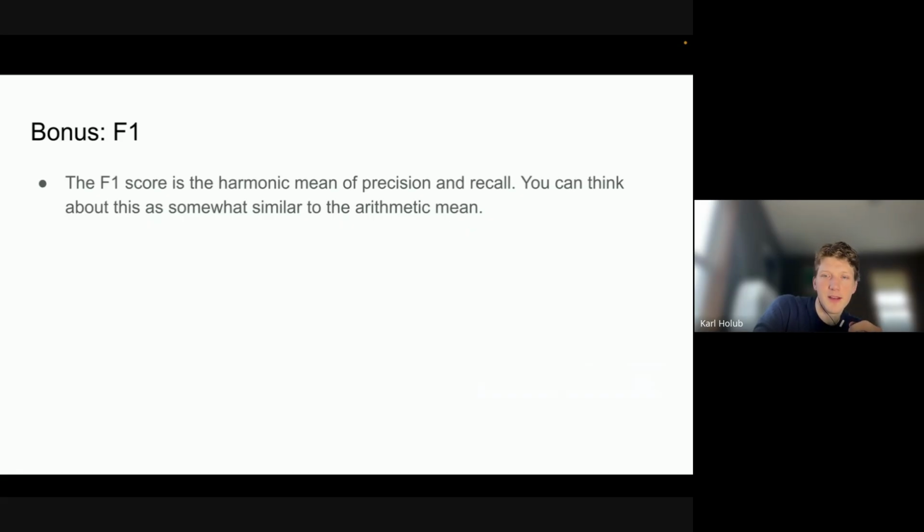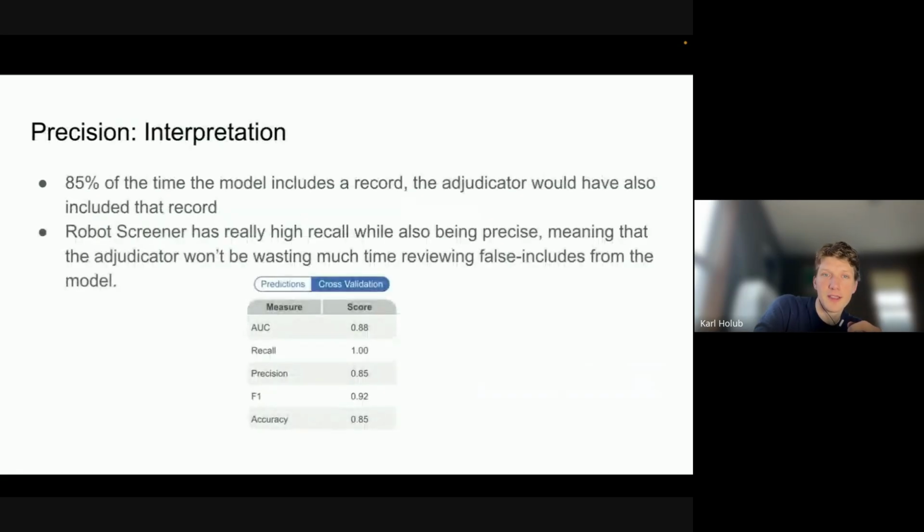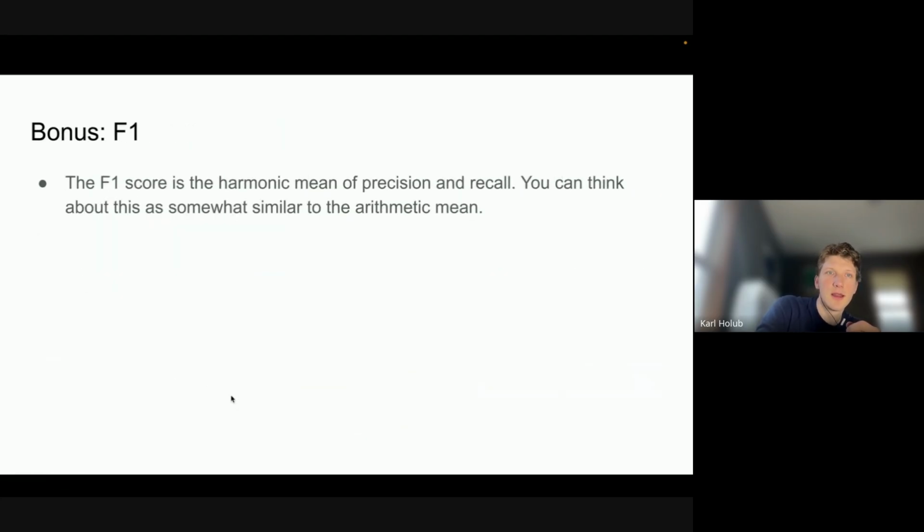Briefly to touch on F1. Looking back here, F1 is another one of our magical mystery statistics. You can basically think about F1 as being the mean of precision and recall. It's actually the harmonic mean, which is not intuitive to humans, in my opinion, at least. Just think about it like the arithmetic mean, the mean of the two numbers.